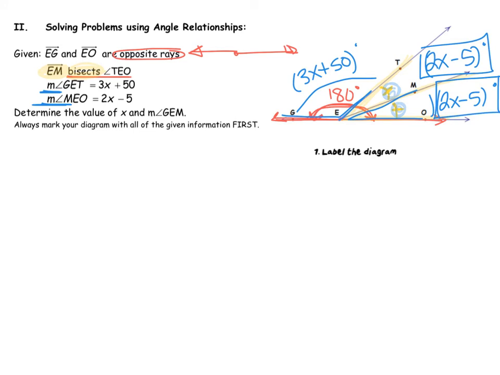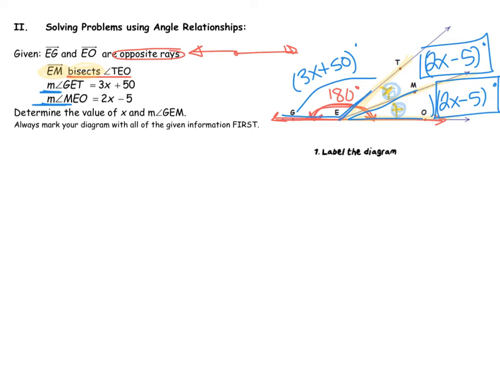And now I have a set of three angles, and three angles all together add up to the total of 180 degrees. So when I add these three pieces of angle together, 2x minus 5, 2x minus 5, and 3x plus 50, I must get this 180 degrees.